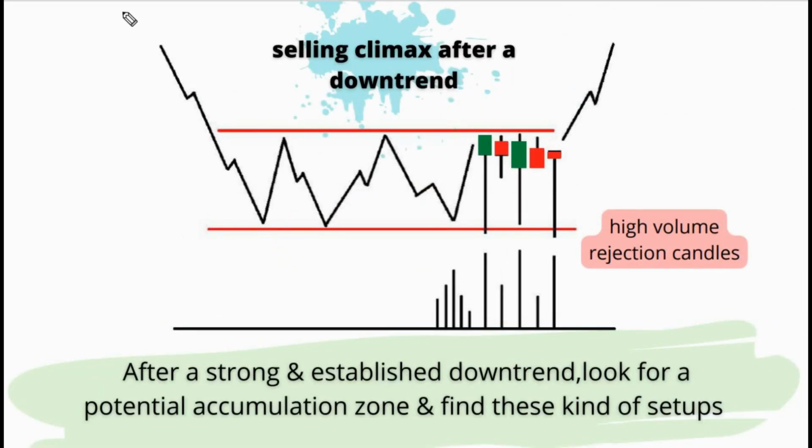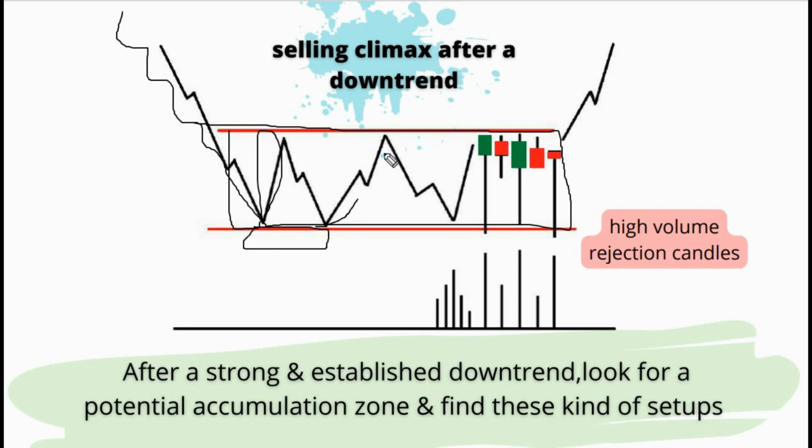Similarly here, after a strong and established downtrend, if prices are forming a consolidation phase, it means from here buyers are pushing the prices aggressively towards the upside. Okay, and then we saw high volume rejection candles. So what is this indicating? After a strong and established downtrend, prices are forming a consolidation range.